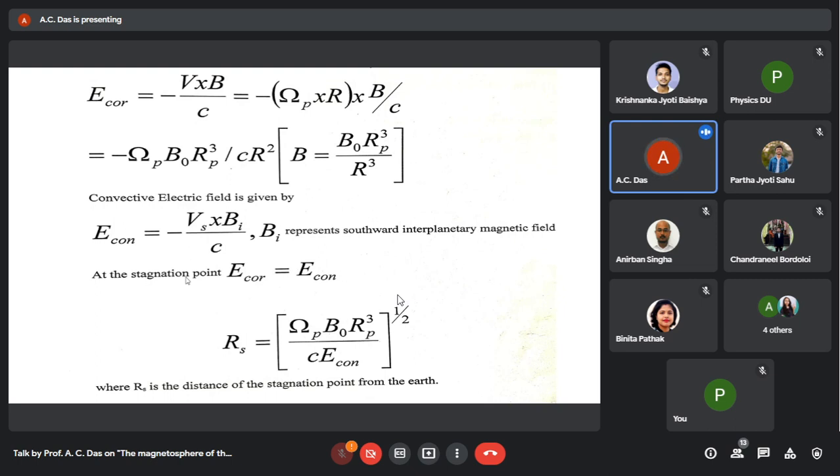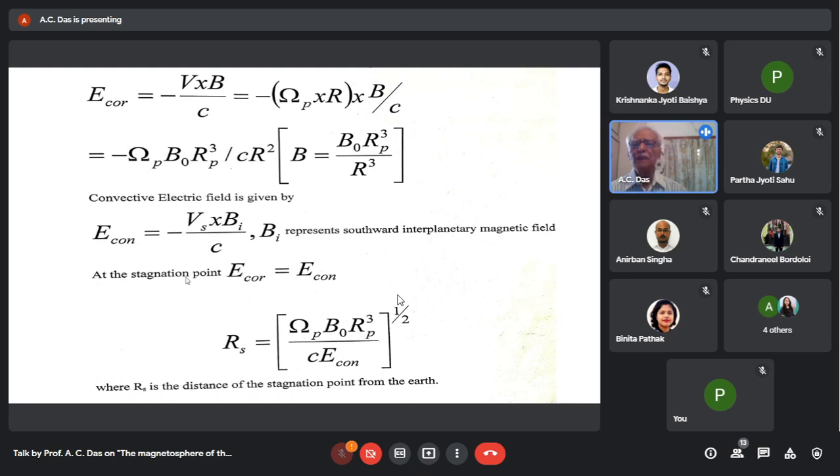And this is simplified because we have to express the magnetic field, and that magnetic field can be expressed in terms of the magnetic field on the ground, assuming that B is equal to B0 by R cubed.